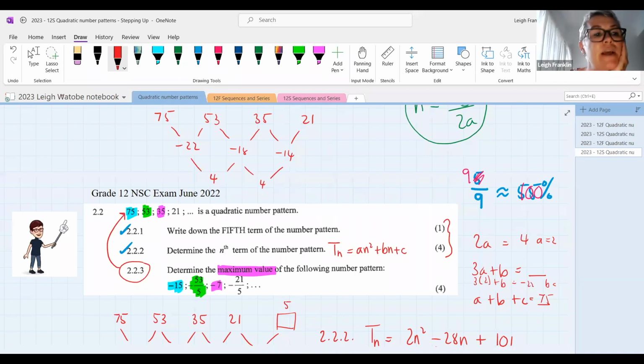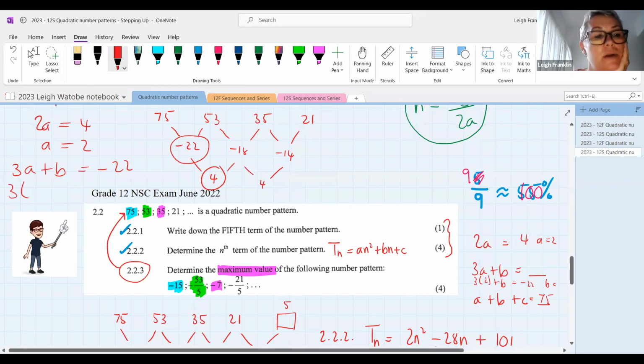Then we would take 2a and make it equal to 4, so that a is equal to 2. We would then take 3a plus b and make it equal to negative 22. So 3 times 2 plus b equals negative 22, which means that b would be equal to negative 28.